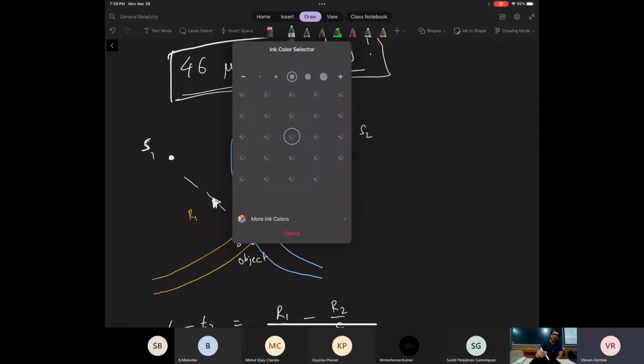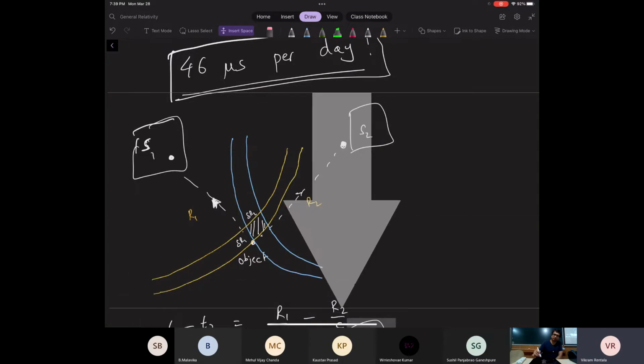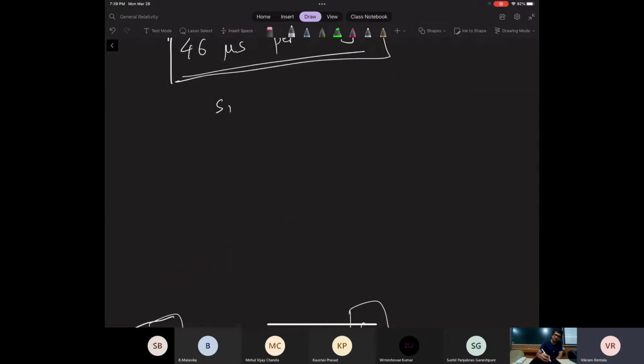So imagine that I have two satellites. Maybe I'll just draw this picture again just to make it clear what's going on. So I have two satellites, one satellite here, one satellite here, and we are sitting over here.